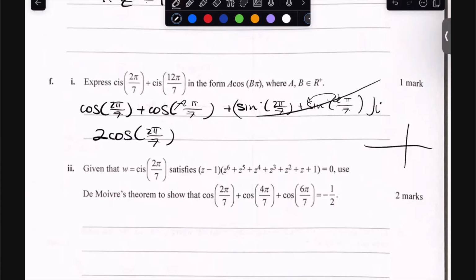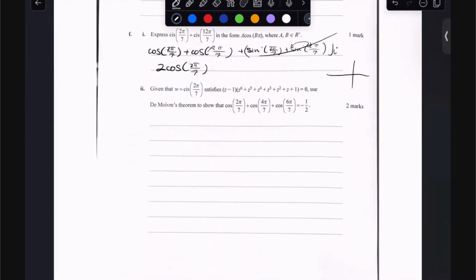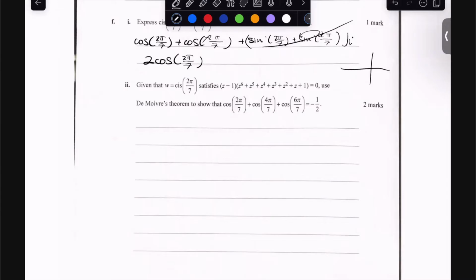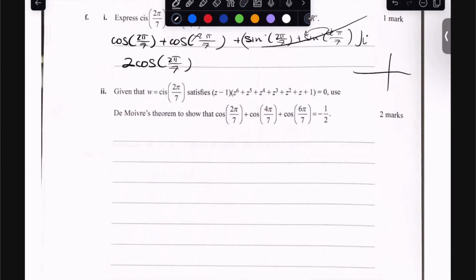Given that w is equal to cis 2 pi on 7 satisfies that equation, use De Moivre's theorem to show that those three sum to negative 1/2. Okay, that's a little bit weird. But w is equal to cis 2 pi on 7 satisfies that equation.